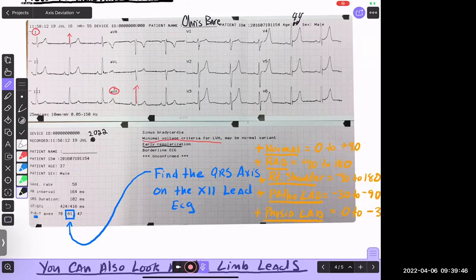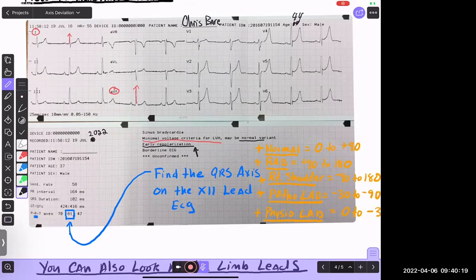Okay, well, the algorithm is saying this may be a normal variant, secondary to early repolarization, but it makes probably just as much sense to say, okay, we're not seeing the left axis shift quite yet in this particular 12 lead, but as the disease process continues, left ventricular hypertrophy and left axis deviation is a distinct possibility.